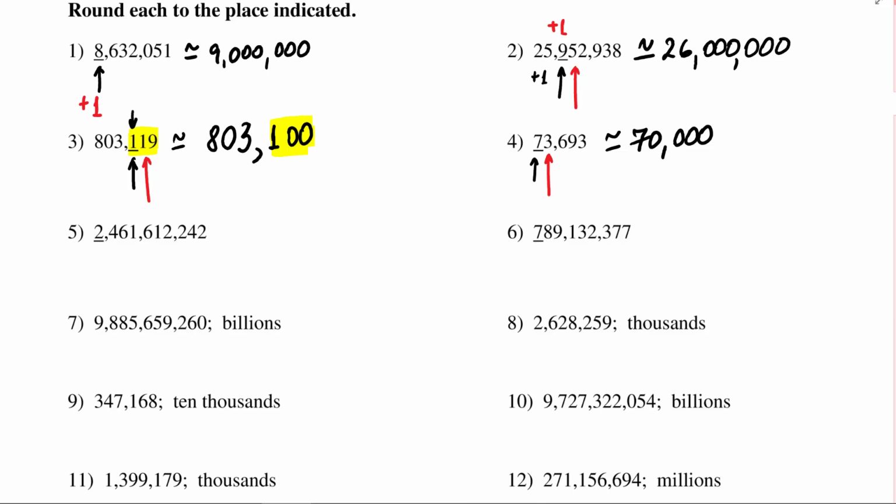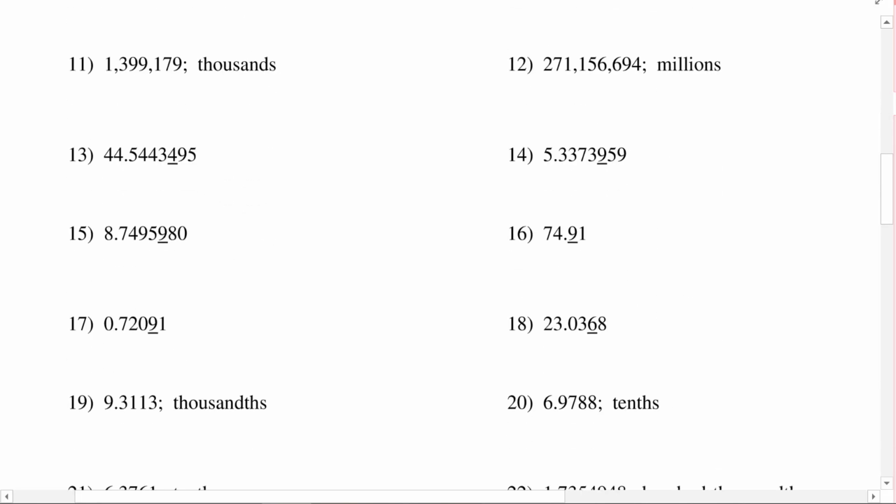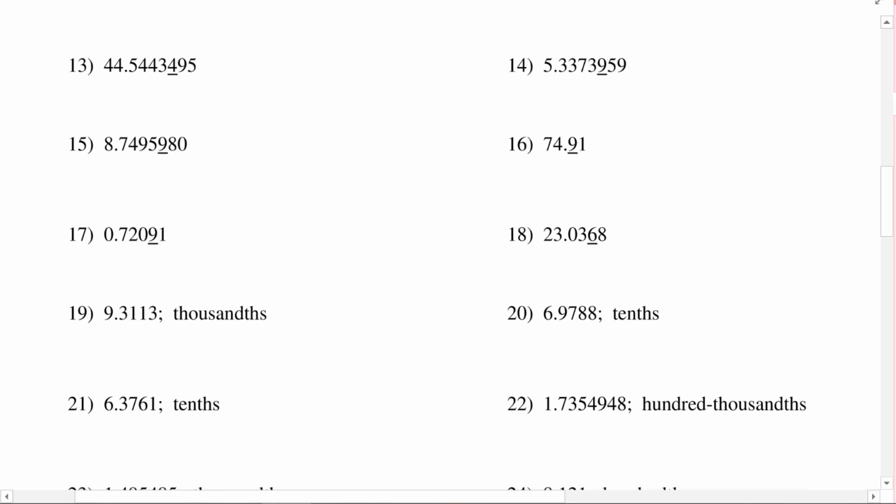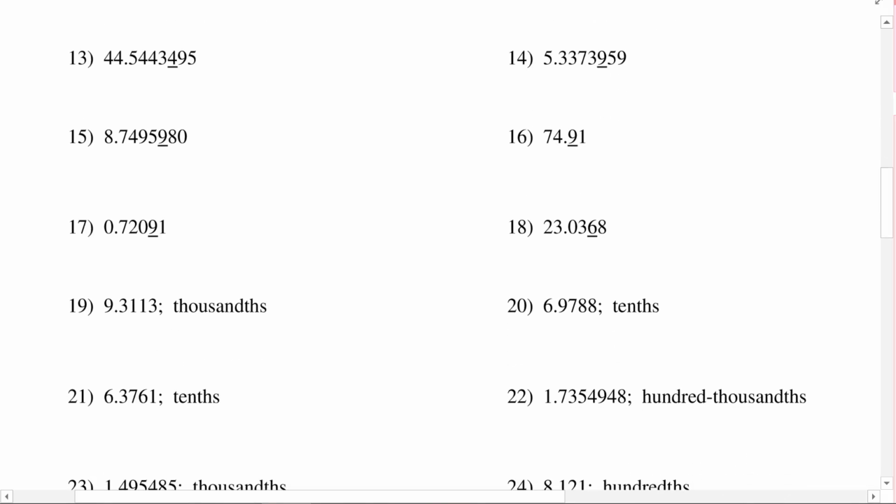Let's take a look at another one. Let's do some decimals here because they are going to come up in problems a lot. So let's take a look at problem 13. Here is the decimal point, and then we want to round this. The question is, is this 4 going to stay 4 or is it going to become 5?